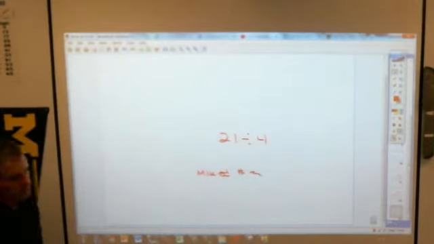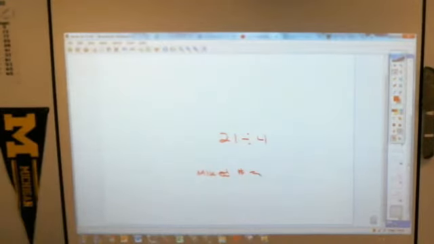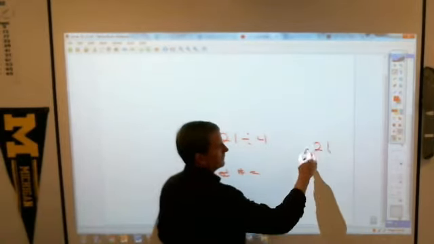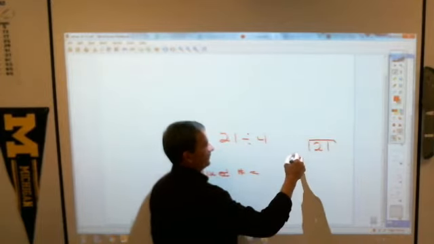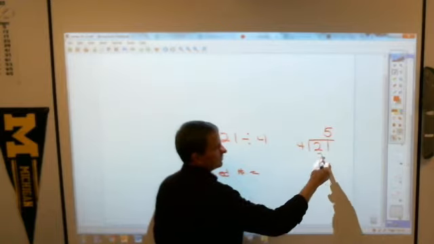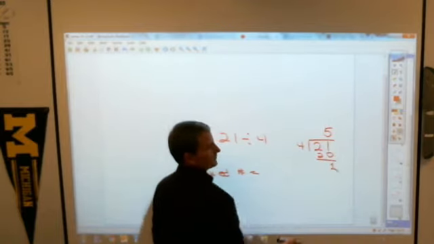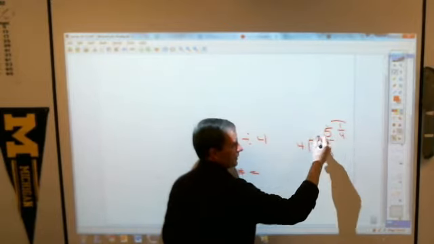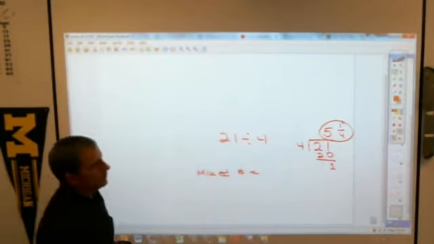Addie, what did you come up with? 5 1/4 is correct. 4 goes into 21 5 times, that's 20. Instead of saying remainder of 1, you take the 1, put it over the 4, and you get 5 1/4.